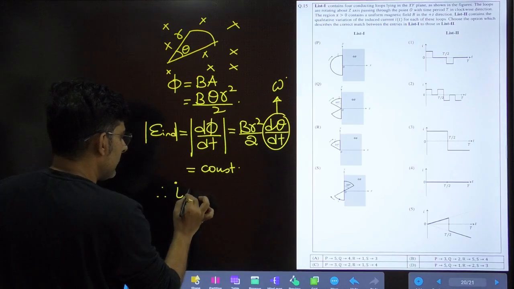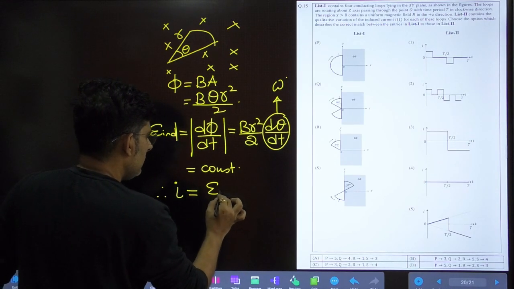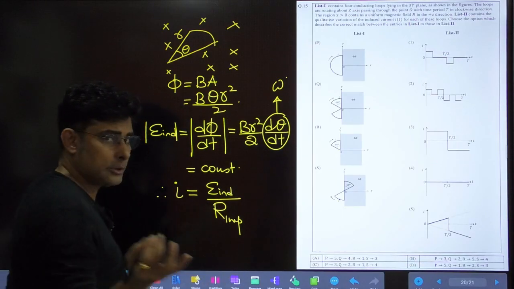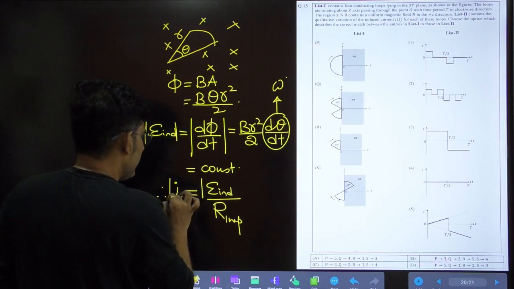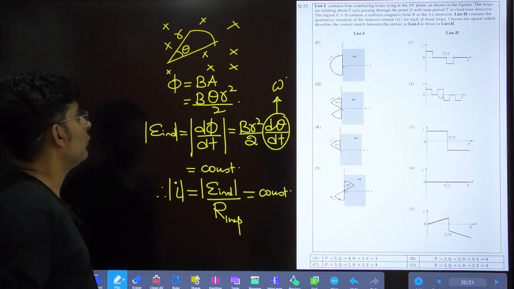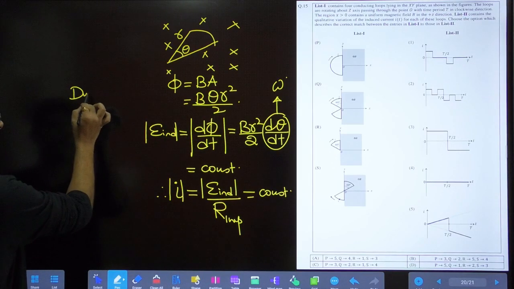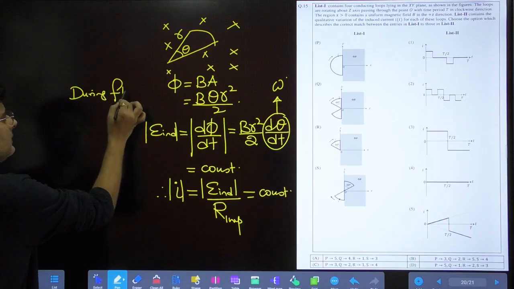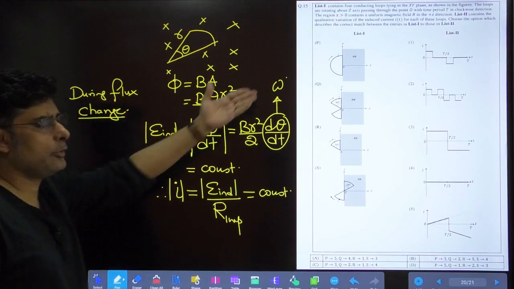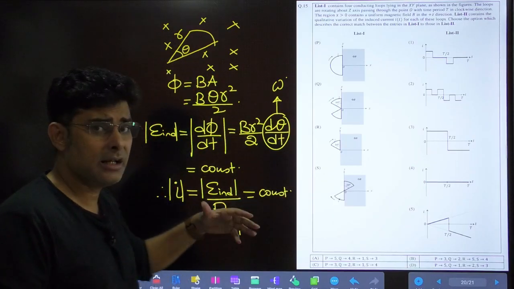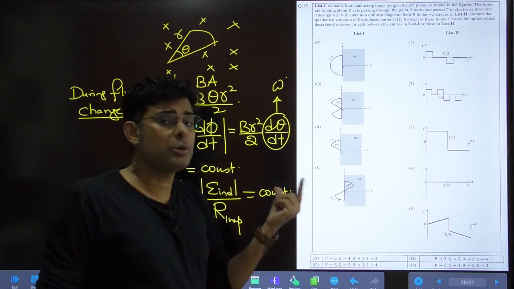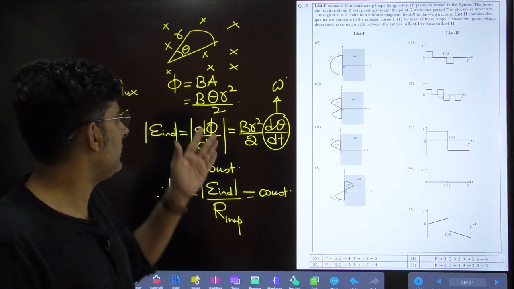So the induced current I will be the induced EMF divided by the resistance of the loop. Now the total resistance of the loop is fixed, so this value is also constant. So this holds during the flux change, and in such cases you can easily remember it. You should know that the magnitude of EMF remains constant during the flux change.